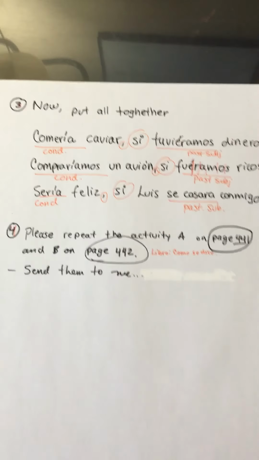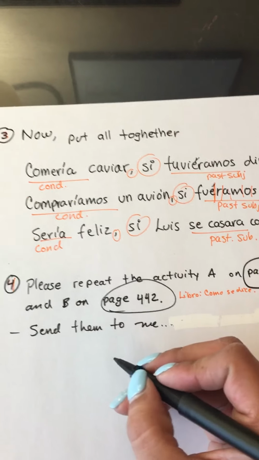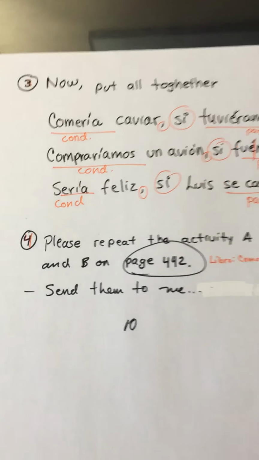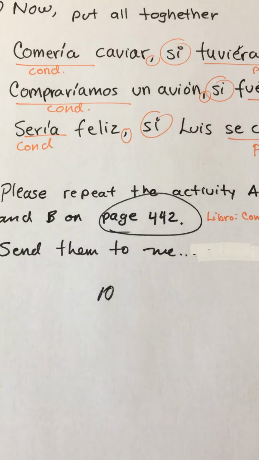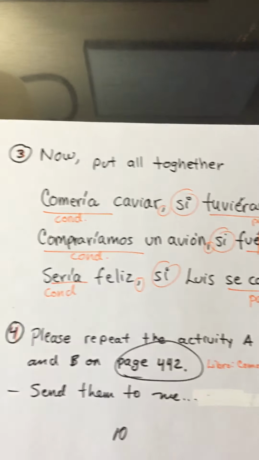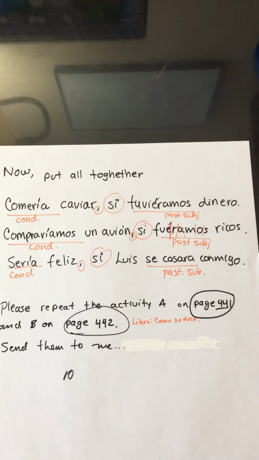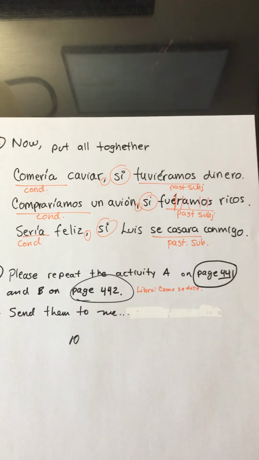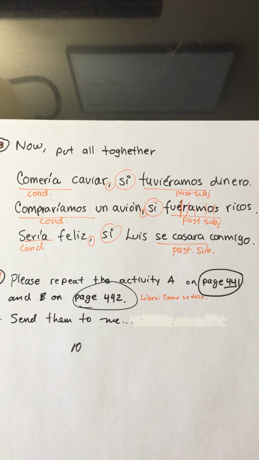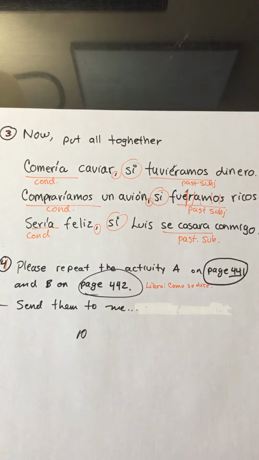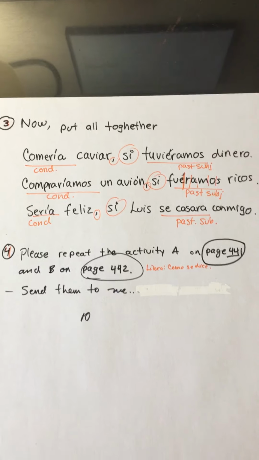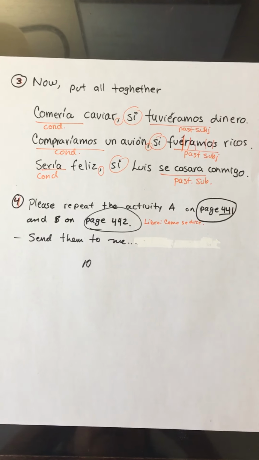And please also write 10 sentences that you make up, like my 3 here that I gave you as examples. You write down 10 sentences with the if part and the conditional together, using all the grammar that we just reviewed today.